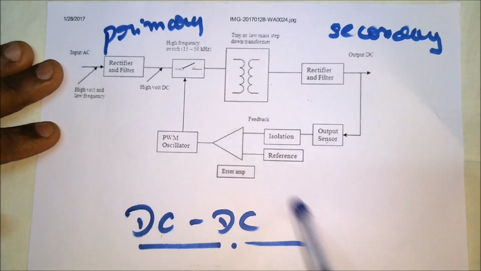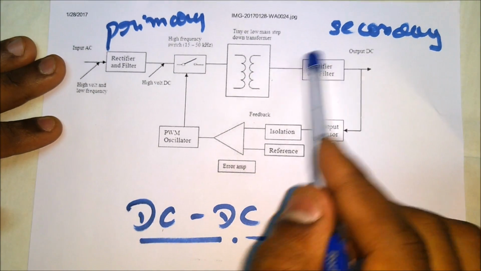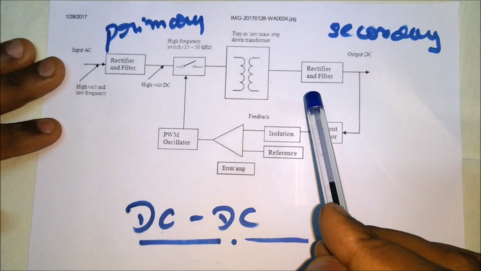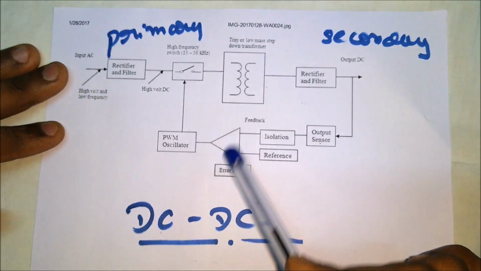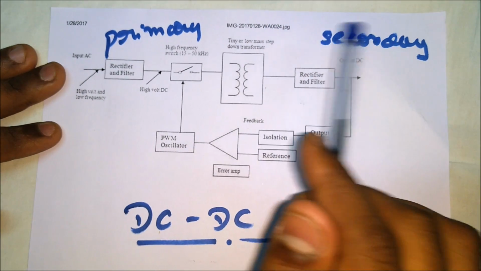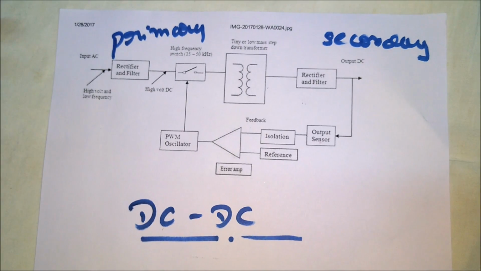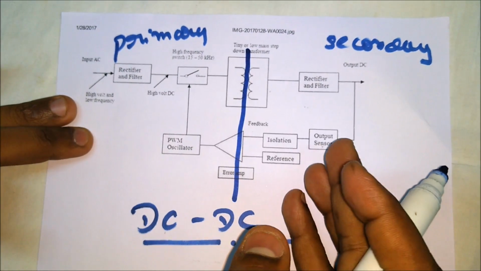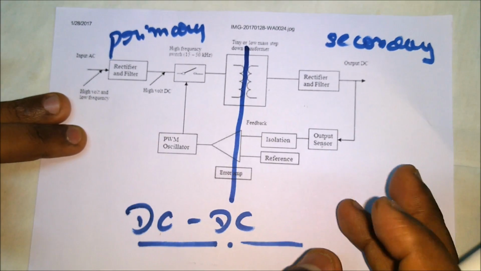And this is the secondary, which converts voltages, and the outputs are taken at this stage and given to our load. We mainly provide isolation between the secondary and the primary. With this isolation, there's no electrical connection between the secondary and primary.